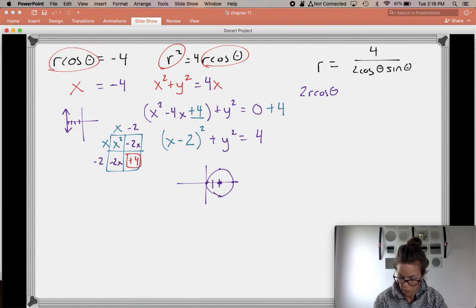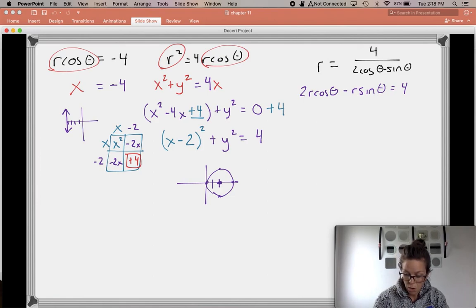There's supposed to be a minus between those. There we go. So then the next part is minus r sine theta equals 4. Sorry, that was a little confusing because of my mistake there. So I'm multiplying both sides by the denominator, but I'm distributing through the r. So 2r cosine theta and minus r sine theta, and then that 4 is over there.